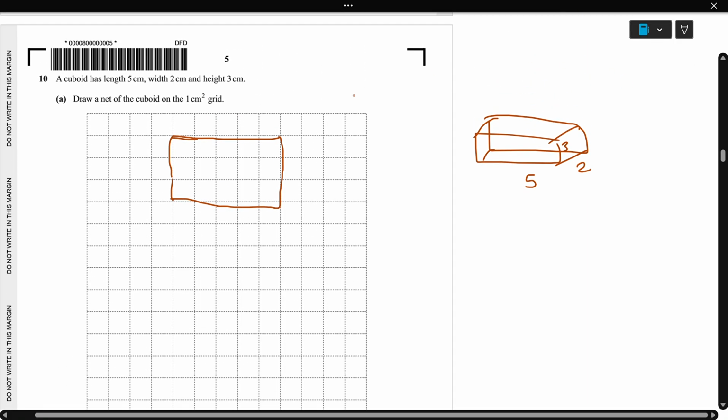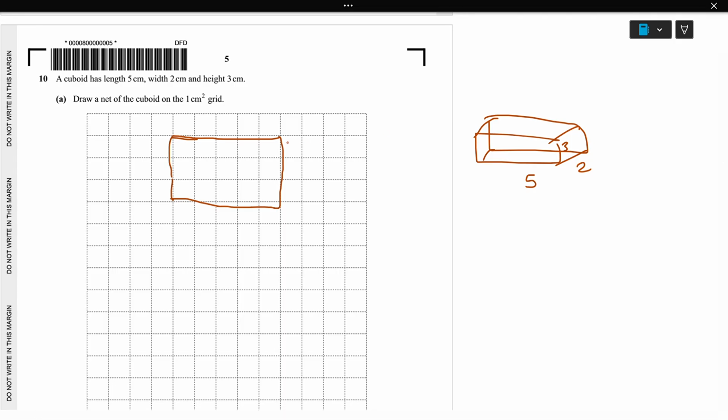Okay, then the sides: both sides are going to be 2 in length, and the height is going to be 3. This is one side, here is another side. Then the downside: the width is going to be 2 and still 5.